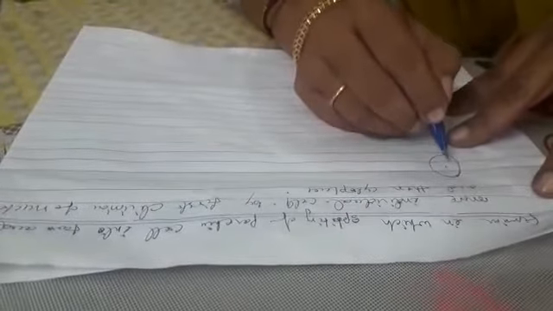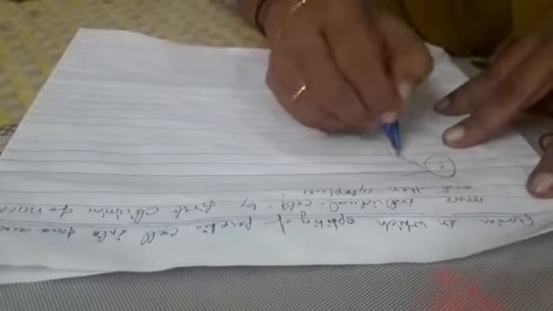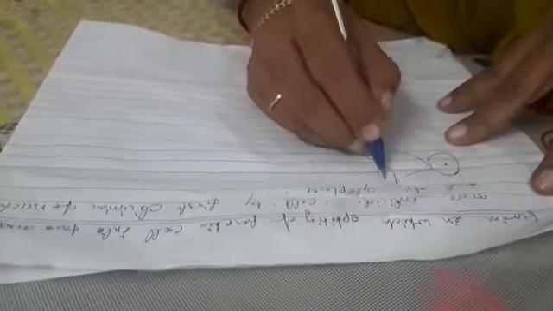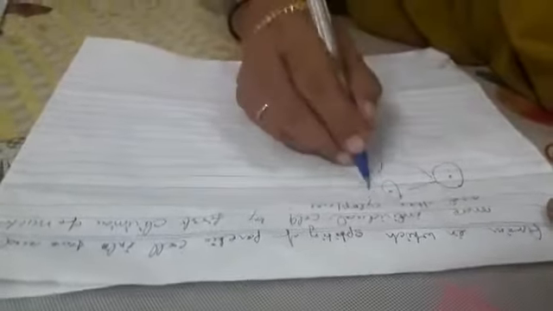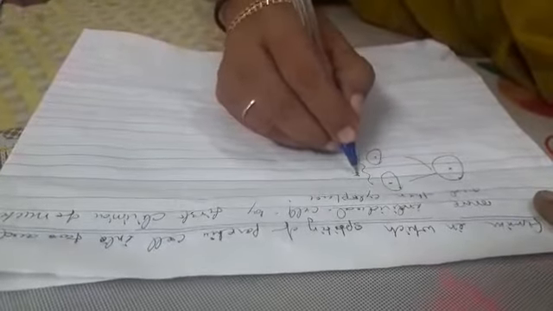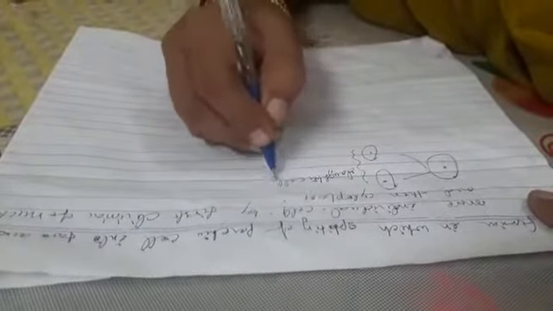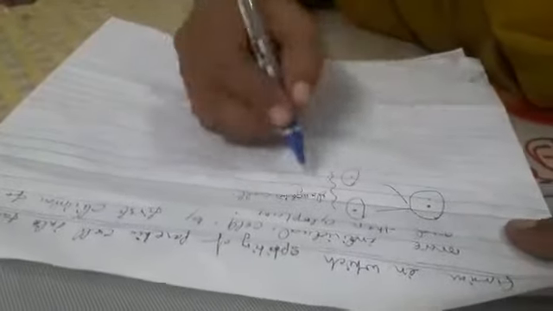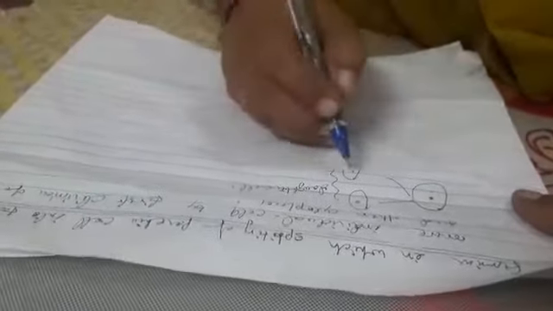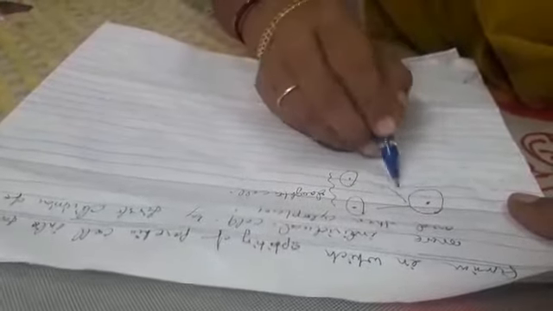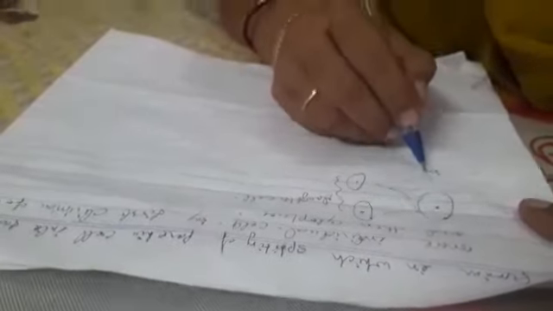The parent cell divides into two equal-sized daughter cells. This is known as the daughter cell. Two equal halves, and this type of cell division and fission is also known as binary fission.